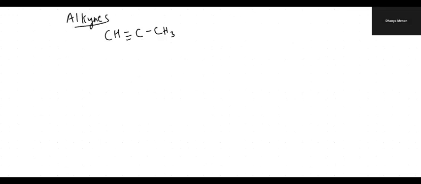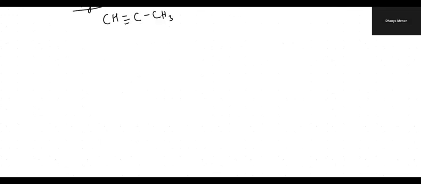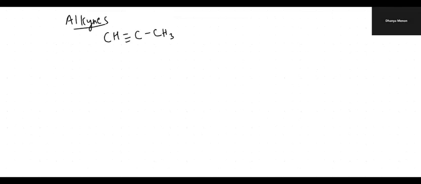So students, in the previous video, we learned the nomenclature of the alkanes, and we followed the rule where we named the substituent first, and then we name the word root, how many carbon atoms are there.